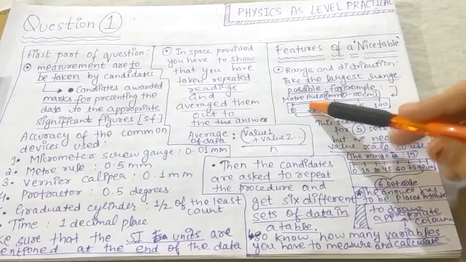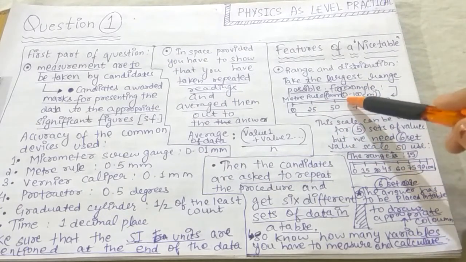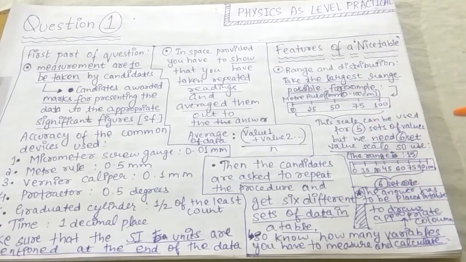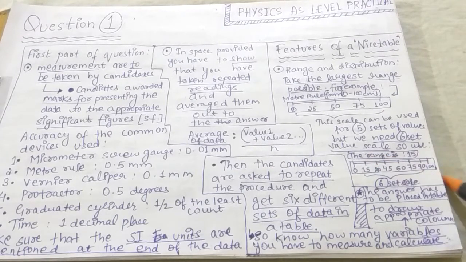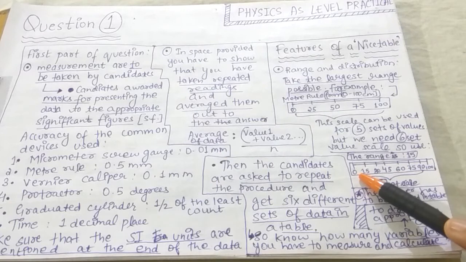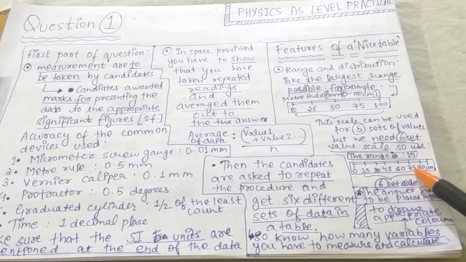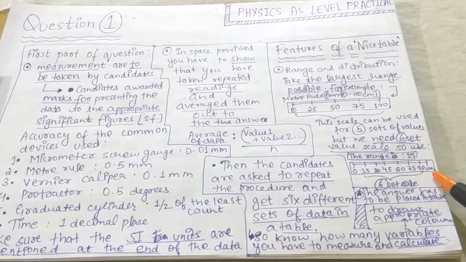If you have the same example of a meter rule, which is 0 to 100 centimeters, what scale would you use? Here I have drawn a simple scale, which is the most appropriate and covering the most values from 0 to 100. So you have 0, 15, 30, 45, 60, 75, 90, and then 100.